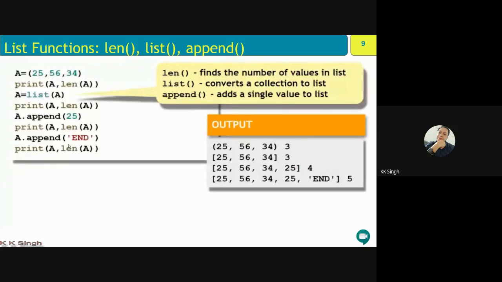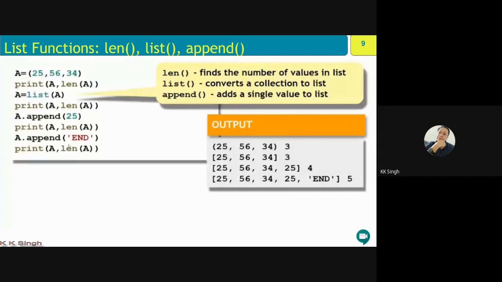So the values of the list are 25, 56, 34, and 25, and in addition, the string is added to this list. So now the length of A will be 5. So these are the functions of the list, list and append.